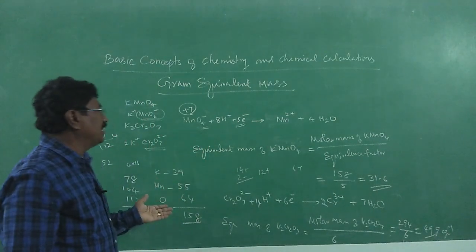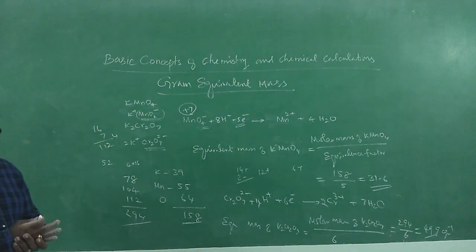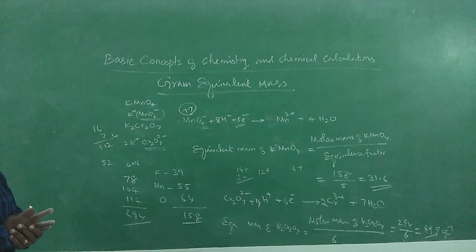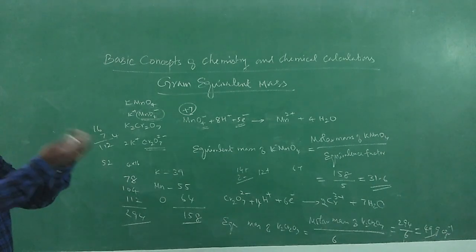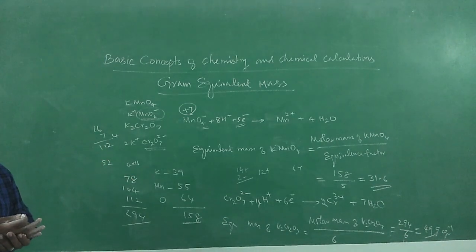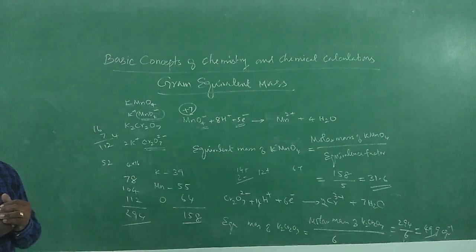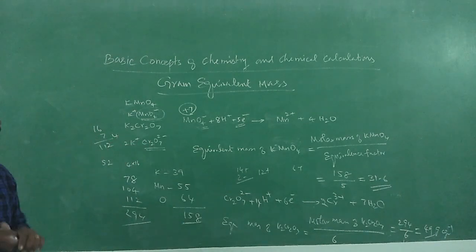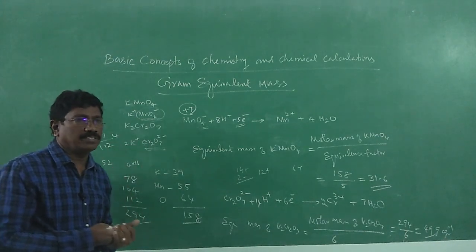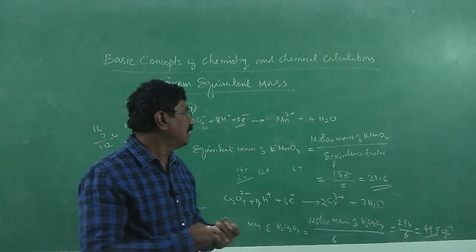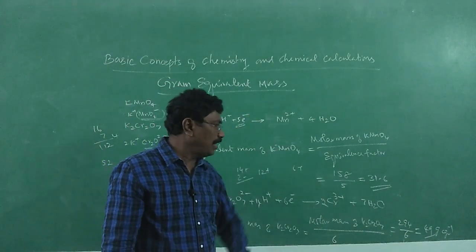Likewise for a reducing agent, say ferrous sulfate. Ferrous sulfate in the presence of acid releases an electron. So based upon the number of electrons released, we get the equivalence factor. When we divide by the equivalence factor, you will get the equivalent mass. This is how we calculate equivalent mass for so many substances.